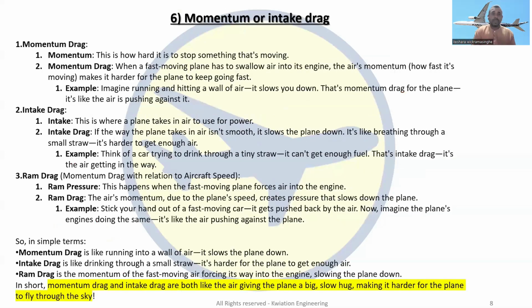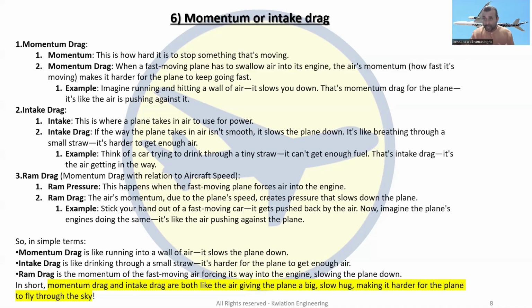Next one, momentum drag, also called intake drag. Earlier we discussed momentum: this is how hard it is to stop something that is moving.